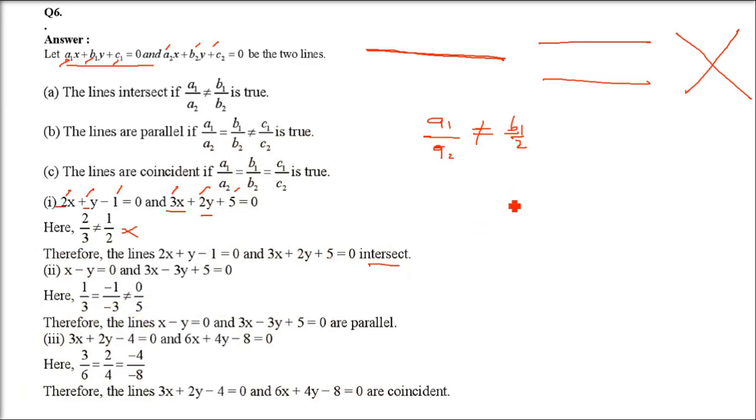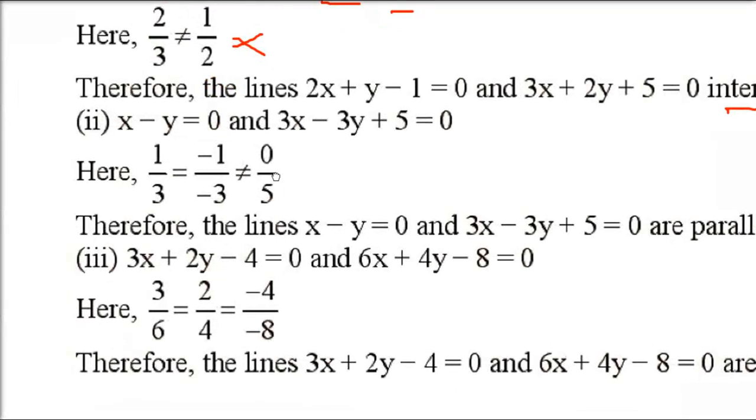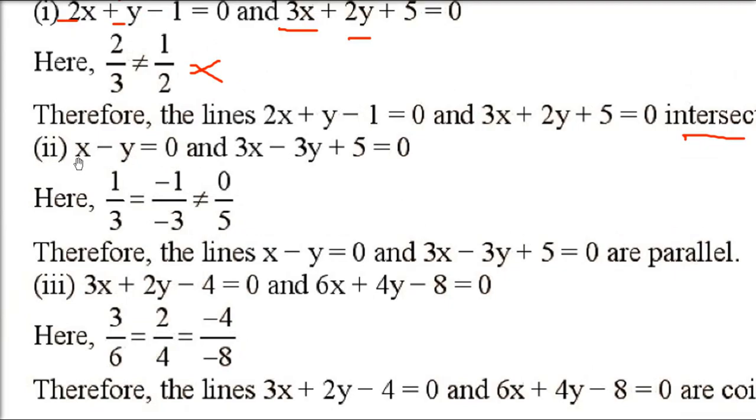Coming to the second one, if a1 by a2 equals b1 by b2, but it is not equal to c1 by c2, then we say these lines are parallel. So we take these numbers now: a1 is 1, a2 is 3, b1 is minus 1, b2 is minus 3, c1 is 0 and c2 is 5.